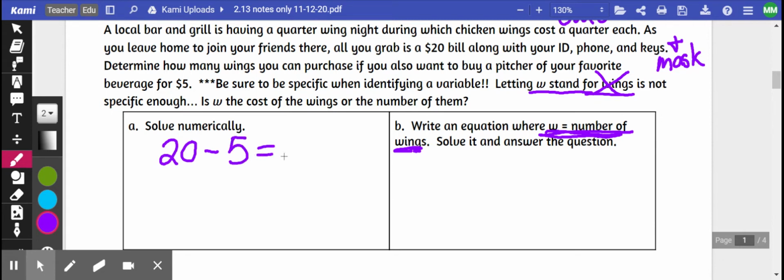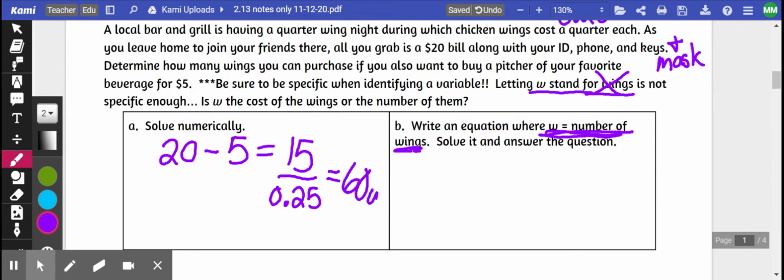We would take away the $5 and we would have 15. So we've got $15 left. Nothing else we have to worry about paying for at this point. So right now we're just assuming that we can spend the rest of it on wings, which are 25 cents each. So we would get 60 wings.